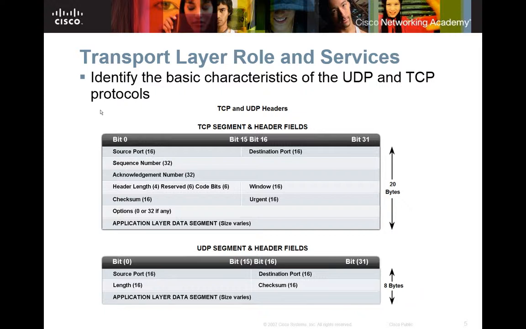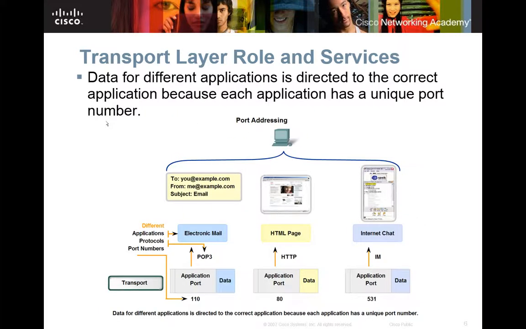Which is going to get there faster? UDP, because there's less overhead, right? Port addressing. Data for different applications is directed to the correct application because each application has a unique port number, right? So, if I'm sending you traffic that's port 25, what am I sending you?